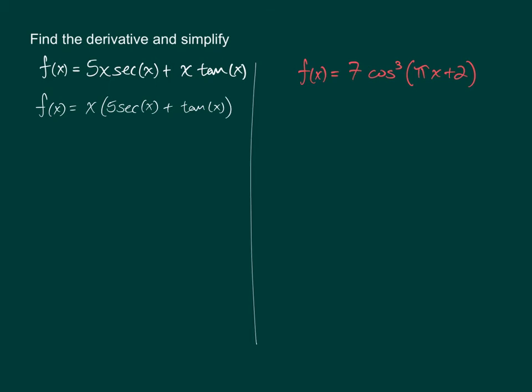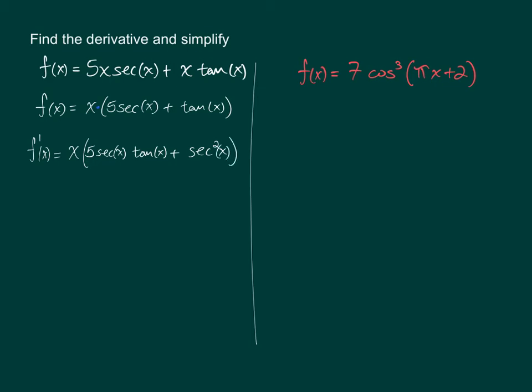So instead of having to do 2 product rules, we can now just perform 1 product rule. So I will get this started here. f prime of x equals the first, which is x, times the derivative of the second, which is 5 times secant x tangent x plus secant squared x.